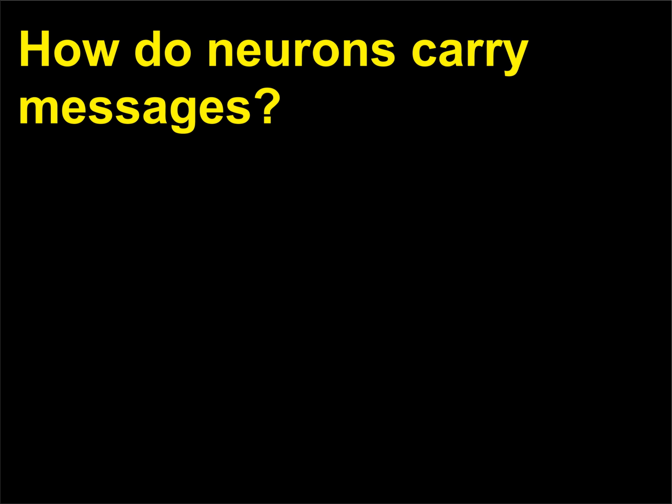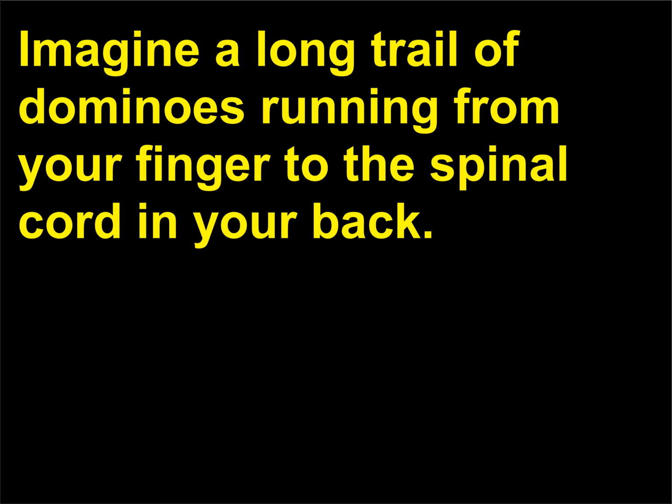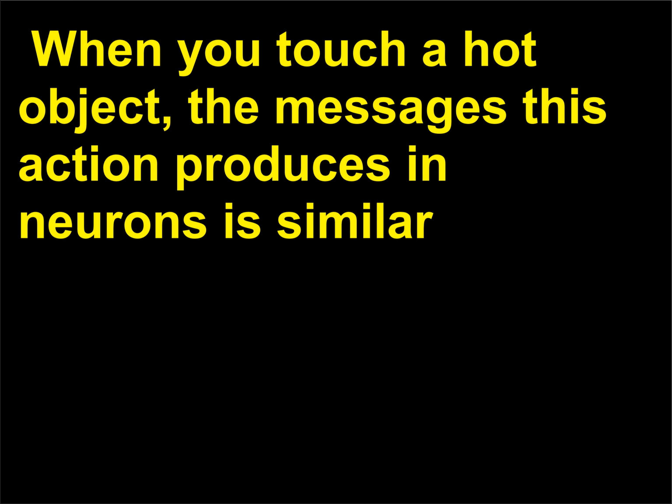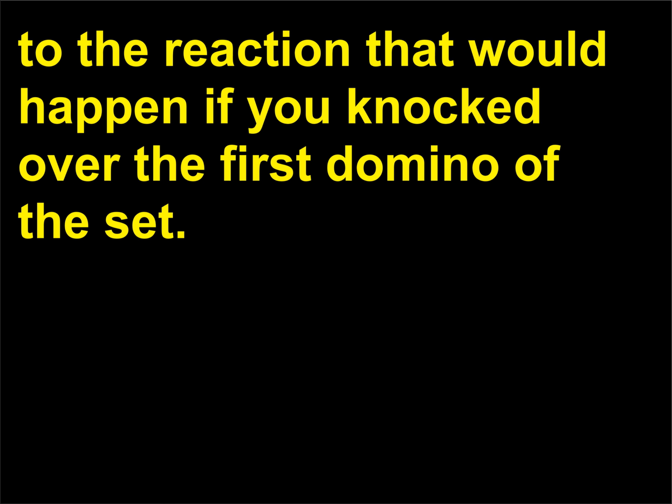How do neurons carry messages? Imagine a long trail of dominoes running from your finger to the spinal cord in your back. When you touch a hot object, the messages this action produces in neurons are similar to the reaction that would happen if you knocked over the first domino of the set.